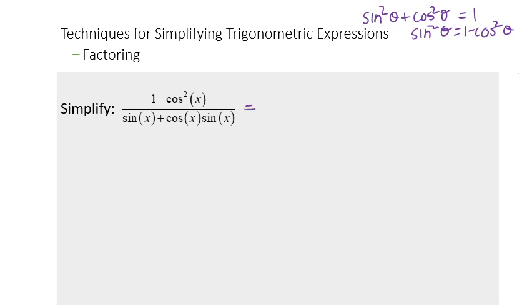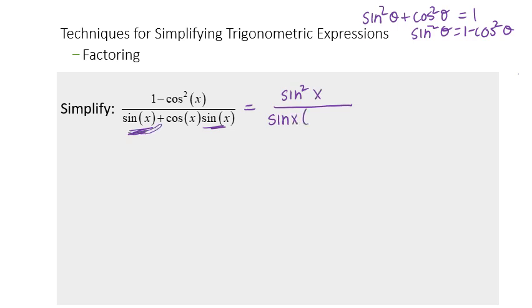So I can replace this top part with sine squared theta. The denominator, I can factor a sine out because I have a sine on the top and a sine on the bottom. Sorry, this shouldn't be theta, it should be x. So I get sine of x, I can factor that out.